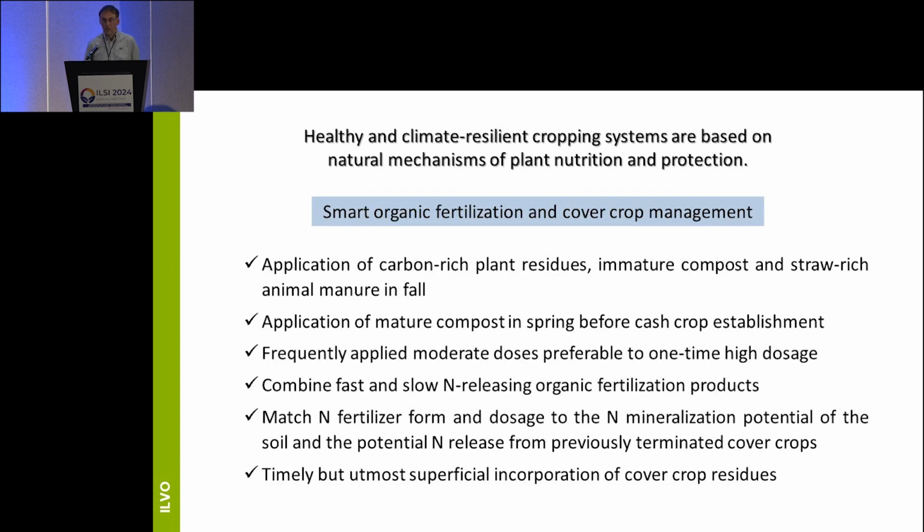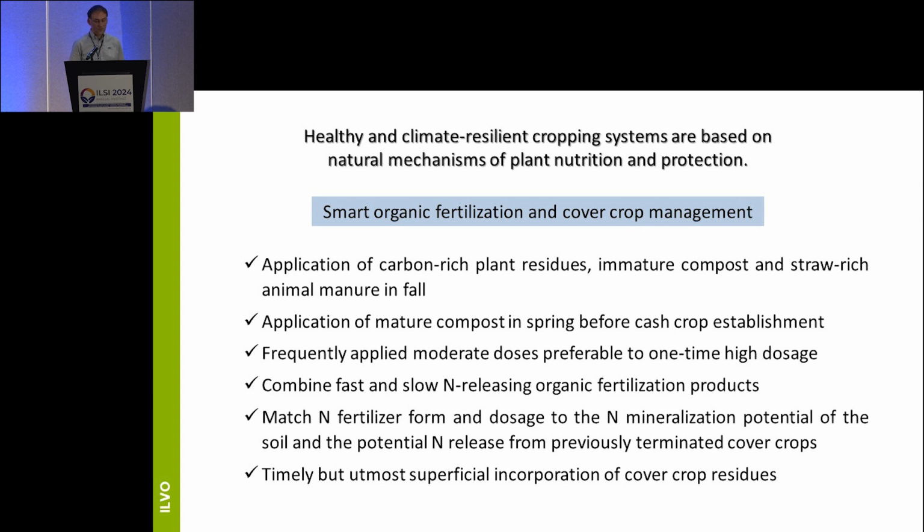So then something about organic fertilization and cover crop management. It's very interesting to apply carbon-rich plant residues in fall, like it is also in nature. The leaves are dropped on the surface in fall, but also immature compost is carbon-rich, and also straw-rich animal manure.